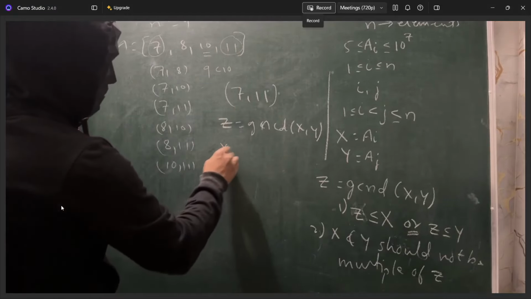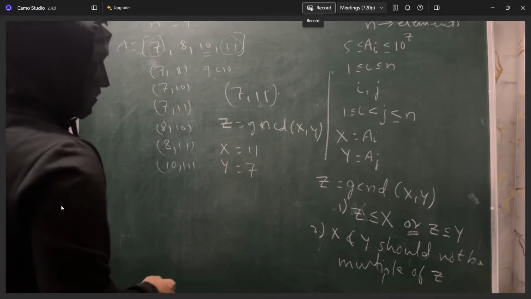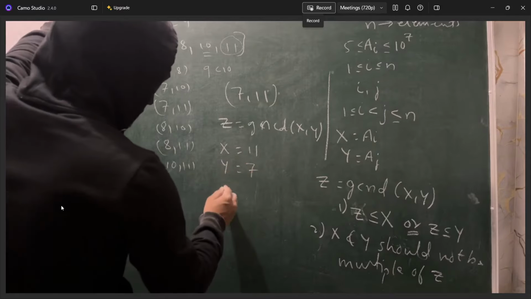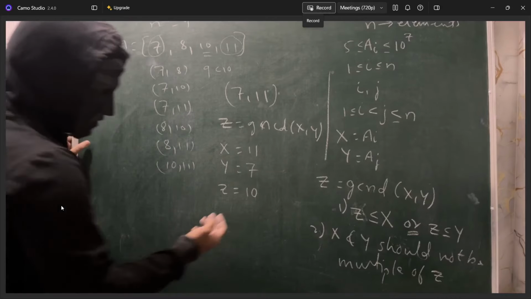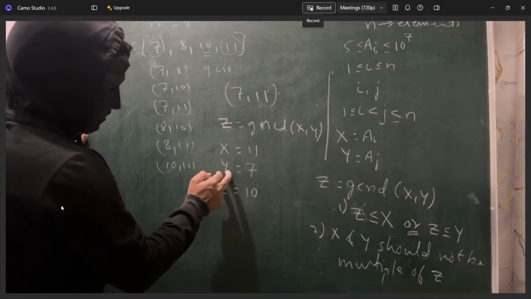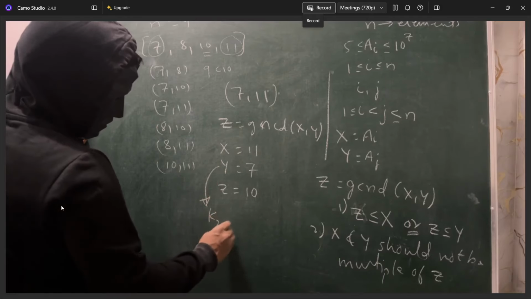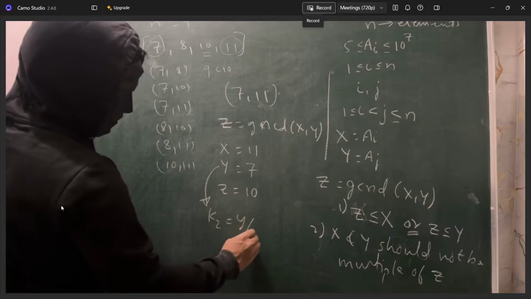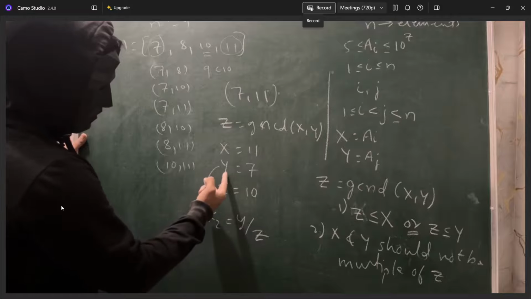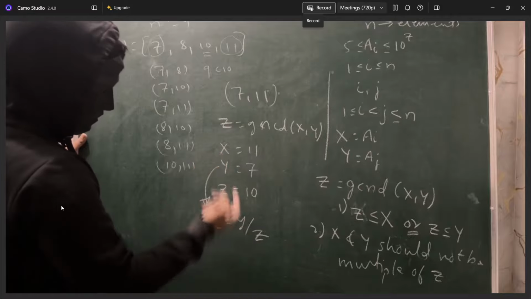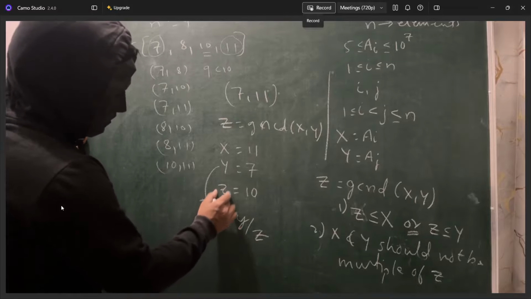Like in this case, x is 11 and y is 7, let's say. If you've taken that, your z, let's say I'll start with 10. And why I'm taking this as lowest, I'm telling here. So your k2 is going to be y by z, right? When you're taking z as lowest and x as highest, you're basically trying to find z somewhere in between x and y.